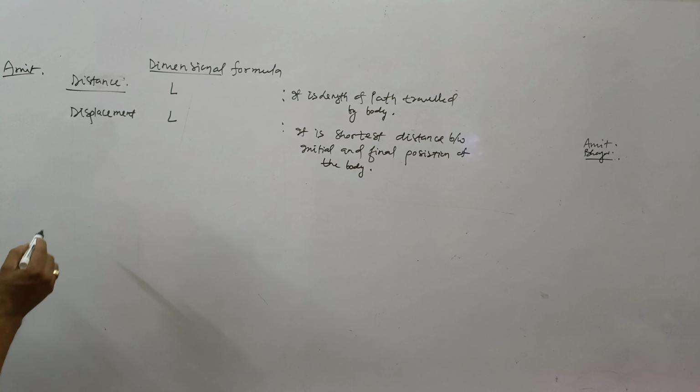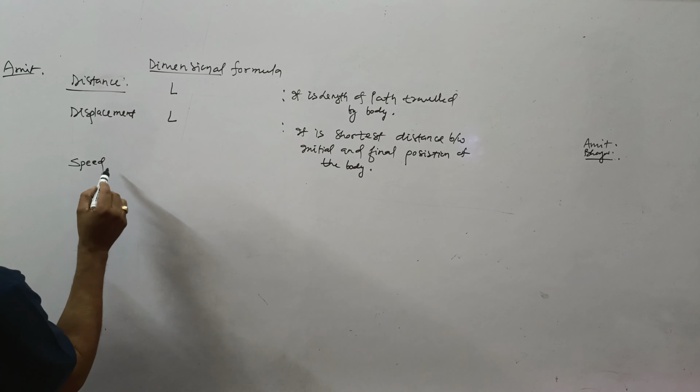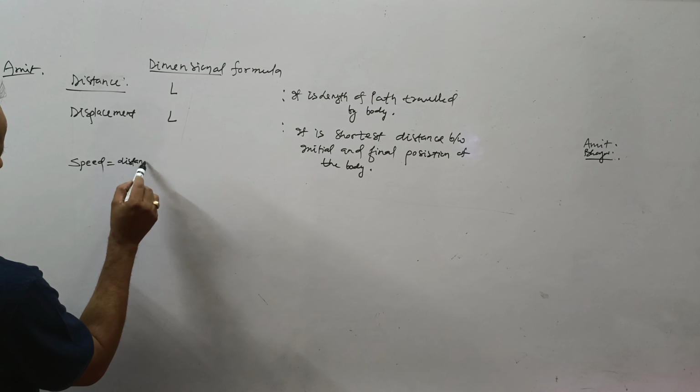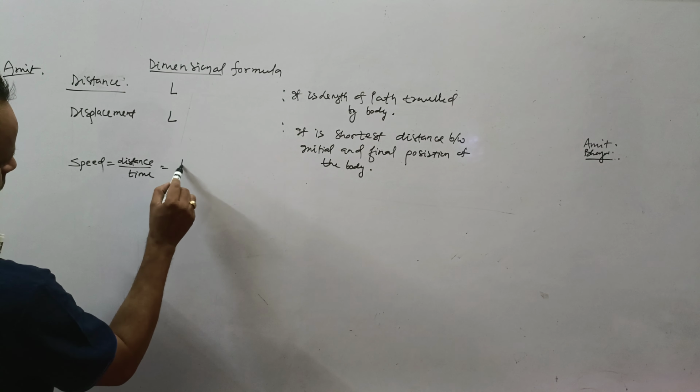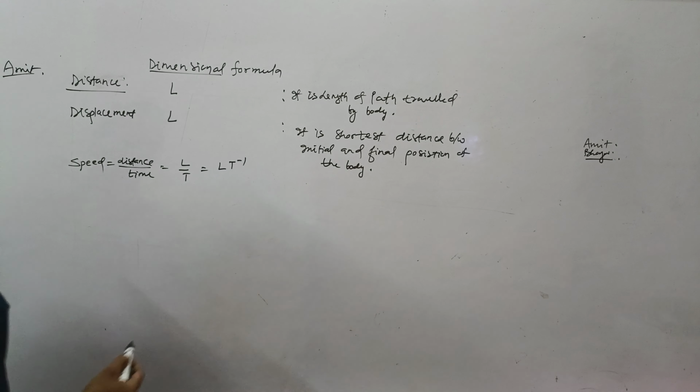Then we have speed. Speed is basically distance upon time. The dimensional formula will be L by T, or it can be written as LT minus 1.